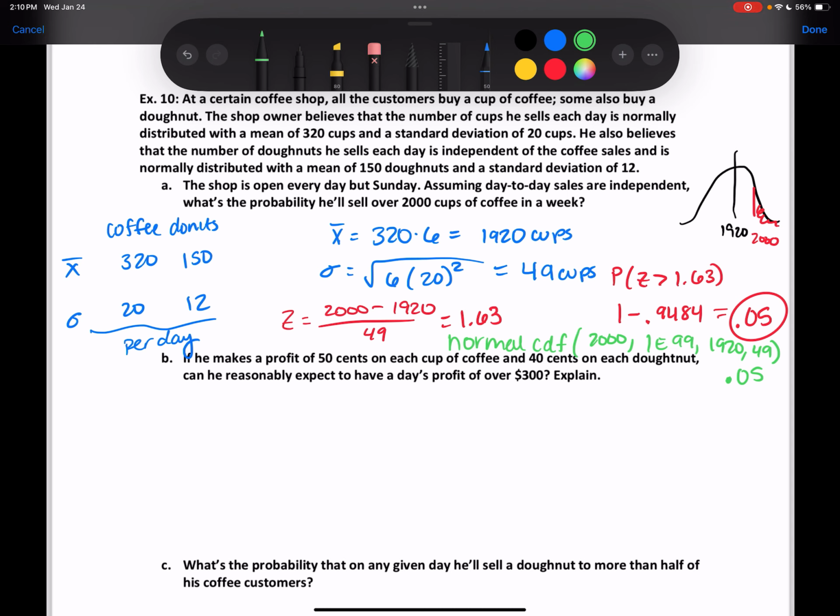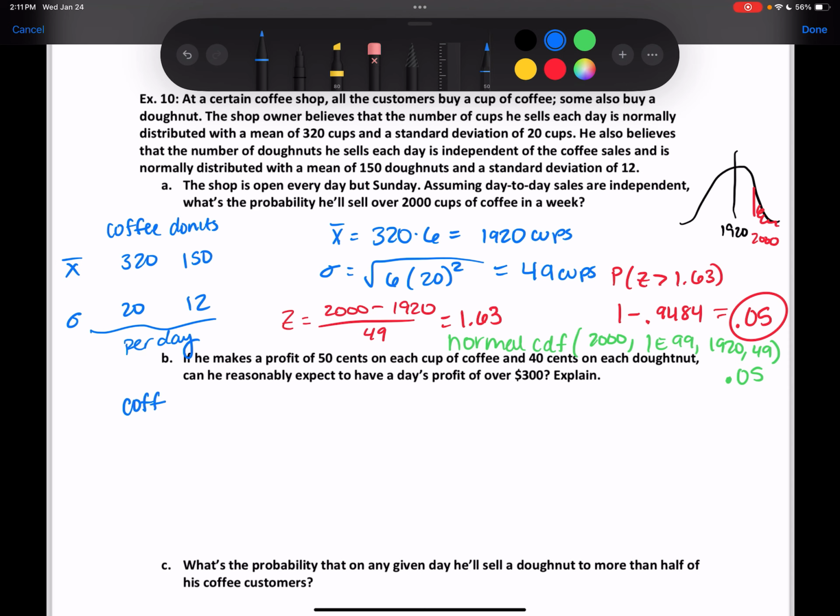If he makes a profit of 50 cents on each cup of coffee and 40 cents on each donut, can he reasonably expect to have a day's profit over $300? So I'm going to set up a table like this again, but for profit.